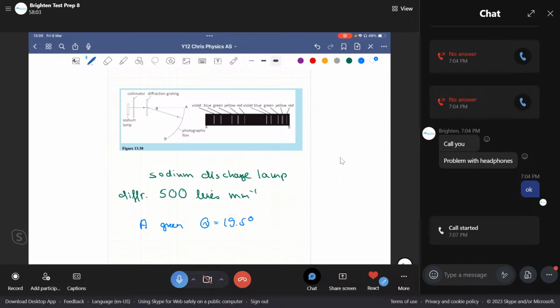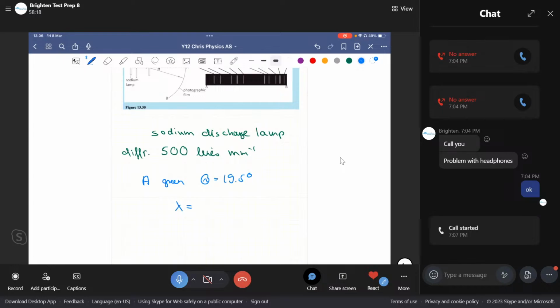Okay, so wavelength. What about the sine? Sine is just 19.5. Okay. Yep. And we just have, depends on how we look at it, 500 times. So how many times power of 10, Chris?